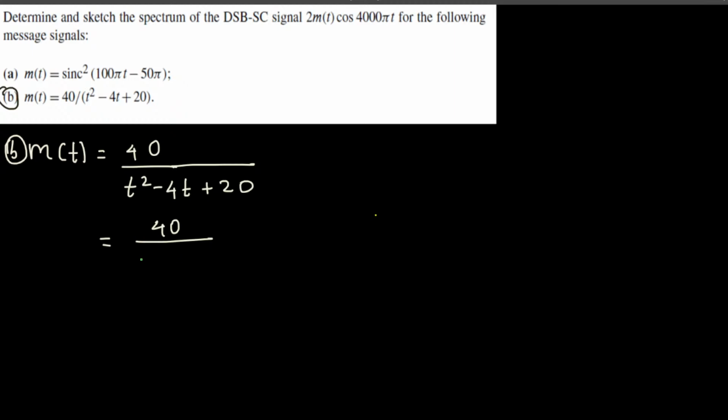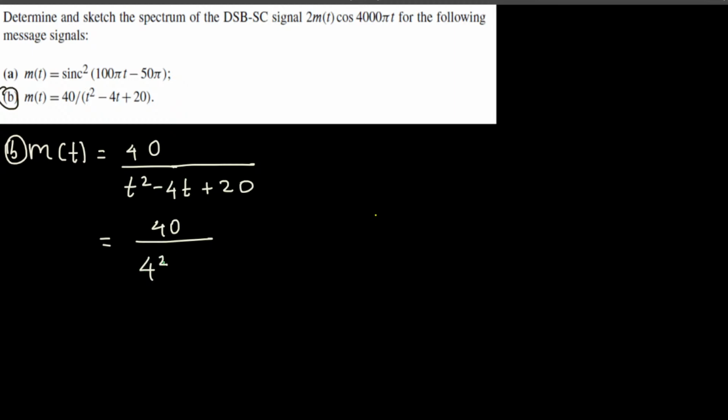t minus 2, t² minus 4, 40. If I take t common, that's t minus 4. Or you can write it like this as well.